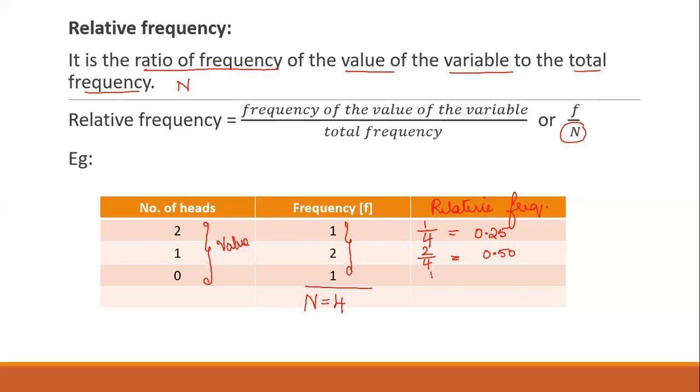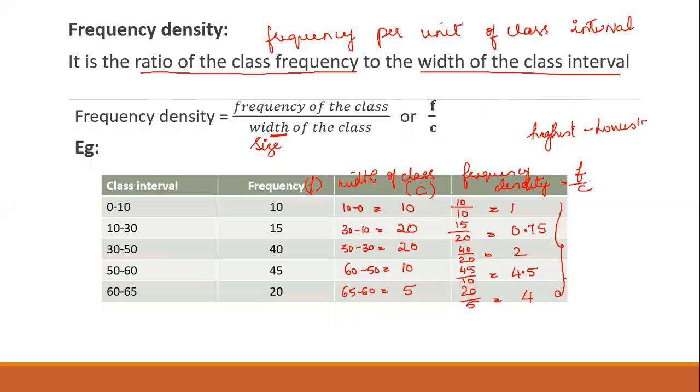And again you will have 1 divided by 4, the 4 is N, which is equal to 0.25. So these values, the ratios you have calculated based on the frequency and the total frequency, are the relative frequency. So I hope you understood these concepts.